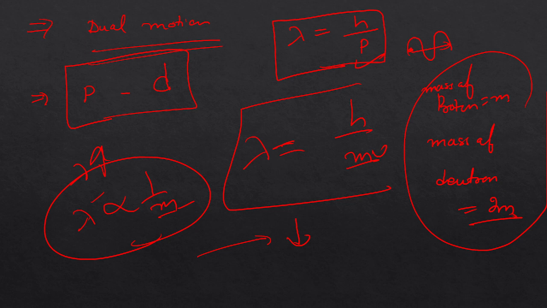It means that as the mass of the particle increases, the wavelength associated with that particle decreases. Okay, this is the general idea. Through this formula we can say that the mass of the proton is small, so the longer wavelength should be of the proton, but we don't know exactly how much larger it is as compared to the deuteron wavelength.